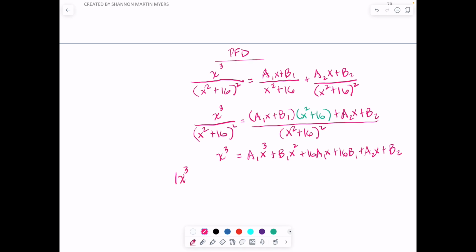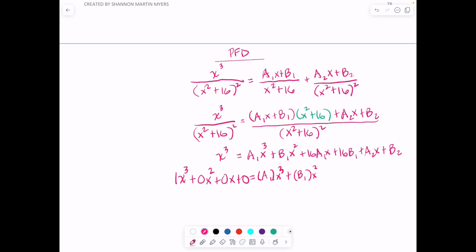All right, so now I'm going to need to add some terms in on the left. So I have a 1x cubed. I'm going to have a 0x squared, a 0x, and a 0 for my constant term. And then I will have a1 times x cubed plus, sorry, b1 times x squared.